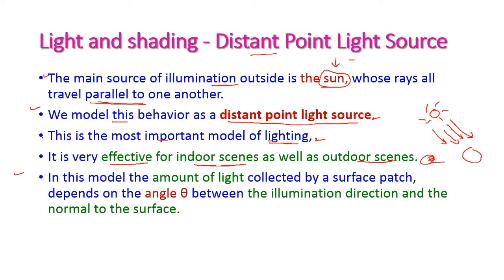In this model, the amount of light collected by a surface patch depends on the angle between the illumination direction and the normal to the surface. If there is no light, the object looks different. If light falls on the object, then it looks different.